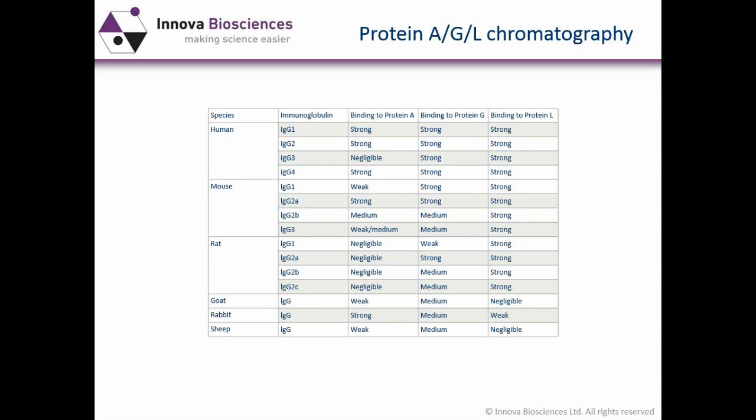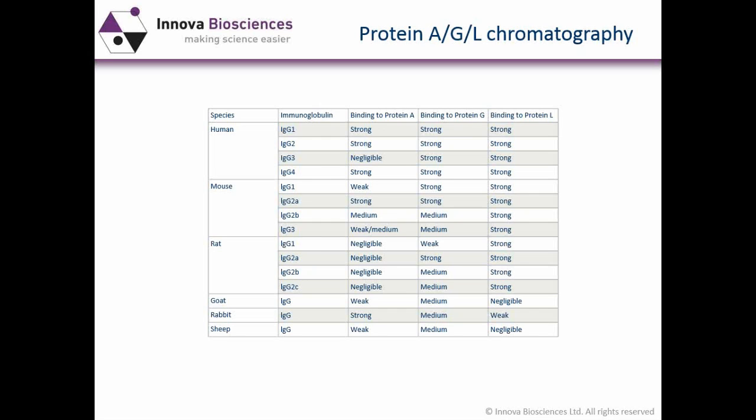In this table, I've summarized just some of the binding strengths of different antibodies and different isotypes to protein A, G and L. If you look around on the internet, you'll find much more extensive tables of this sort, looking at other species immunoglobulins from all sorts of different animals and unusual sources.